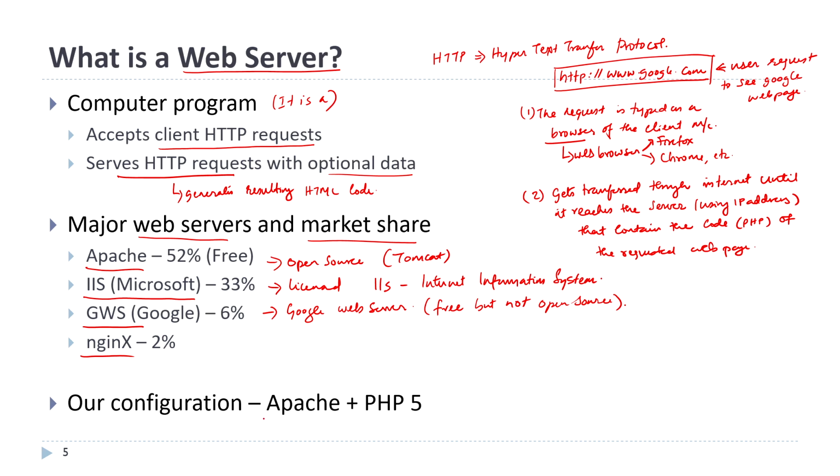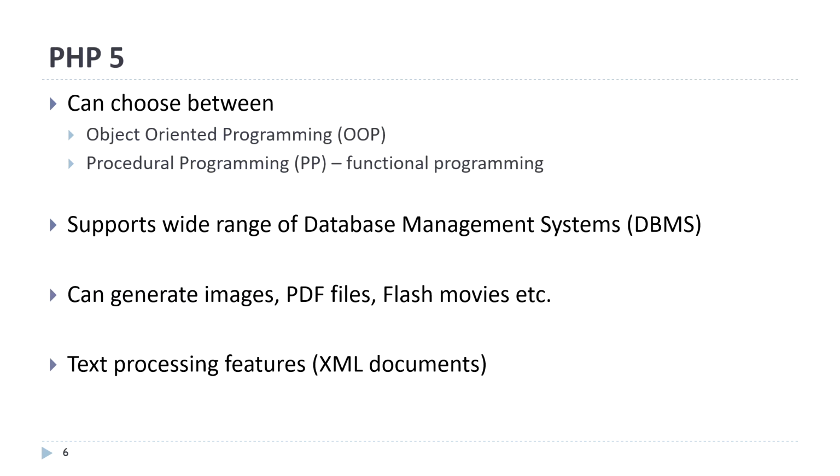In this class, we are focusing on Apache plus PHP 5, which we will consider as the standard, assuming this configuration is available, and then we build applications accordingly. Now, why do we choose PHP 5? This is an interesting question for us, because there are two different types of programming styles.